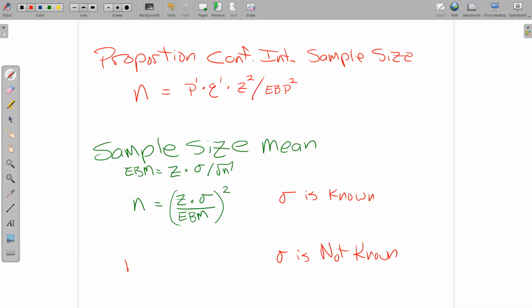Then the sample size there looks almost like that, but we replace the z with a t, and we replace the sigma with the sample standard deviation s. And these formulas are in chapter 8. So this is all chapter 8 stuff in the book.